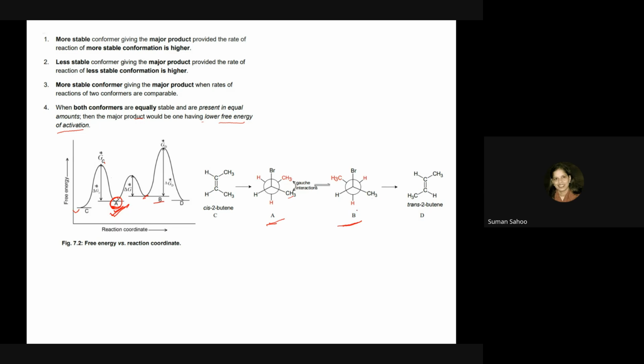The most stable conformer would be B. Actually, this example is not appropriate here because trans is more stable. So I would take another, but just remember, this is the first condition: the more stable conformer gives the major product, provided the rate of reaction of the more stable conformer is higher. In that case the rate of reaction is higher because we have a lower energy of activation.